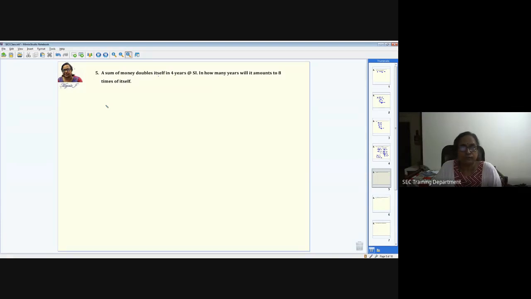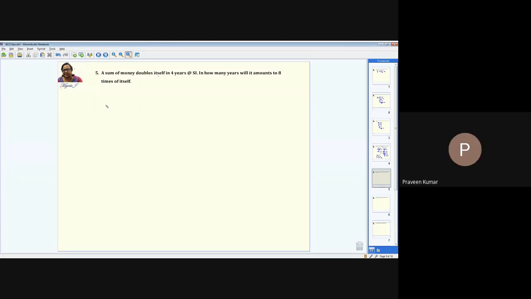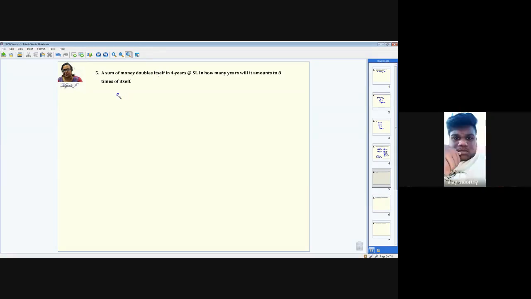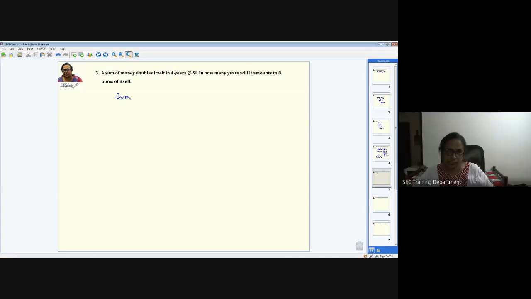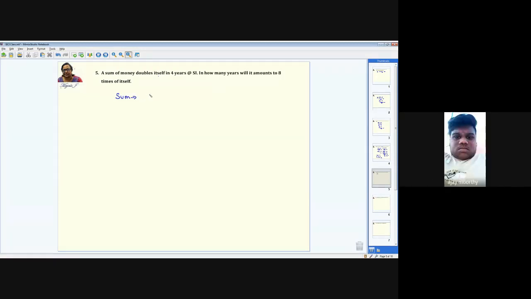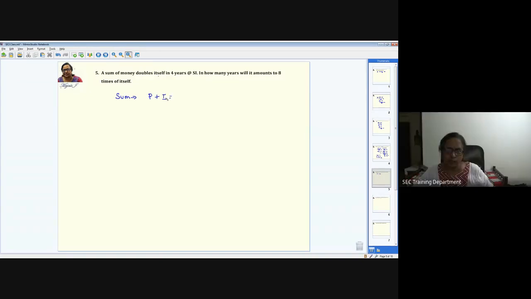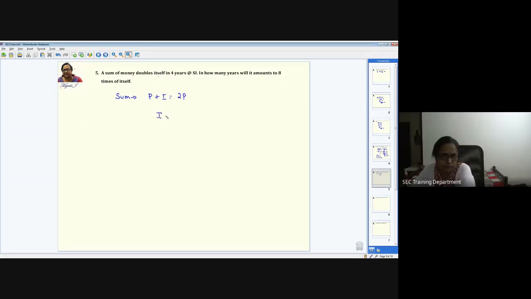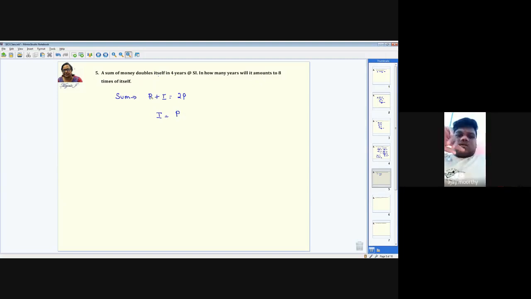First is the equation, the same old thing you are supposed to write initially. Principal plus interest is equal to what? Doubles means 2P. Therefore, interest is equal to P, because 2P minus P is P.